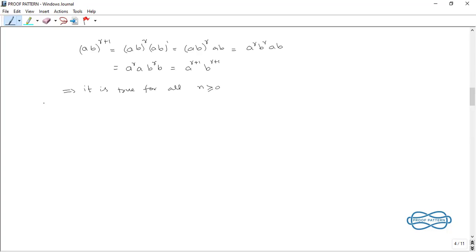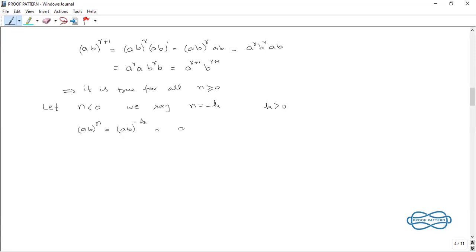Now we have to prove it for negative integers. Let n be less than 0. We say n is equal to minus k, where k is a positive integer. So we consider (ab)^n, which is equal to (ab)^(-k).